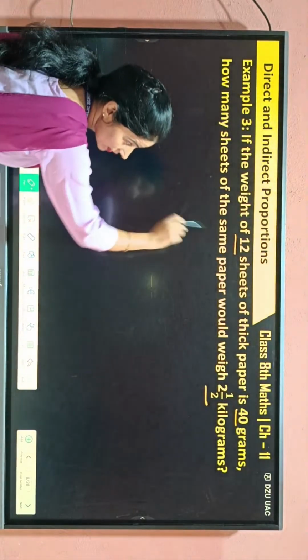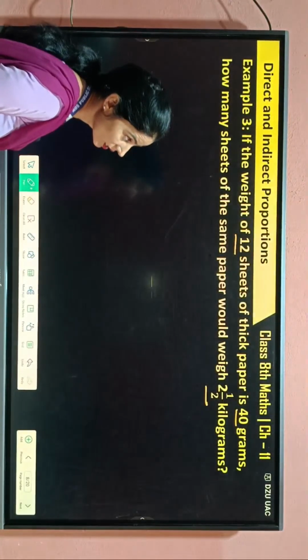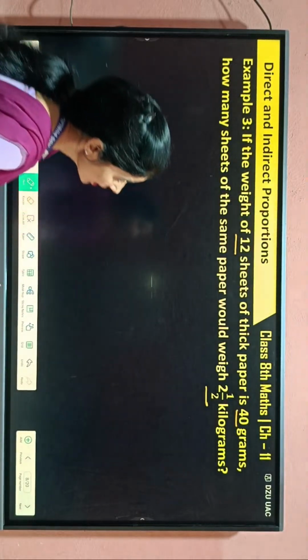If more sheets are there, then more weight it will contain, and if fewer sheets are there, then the weight will be less.